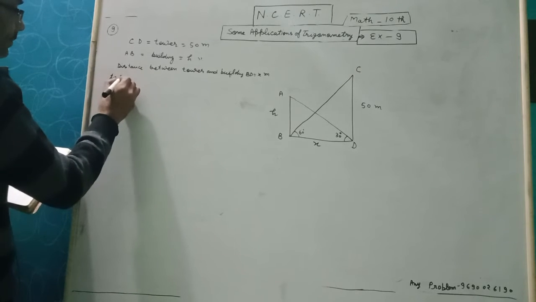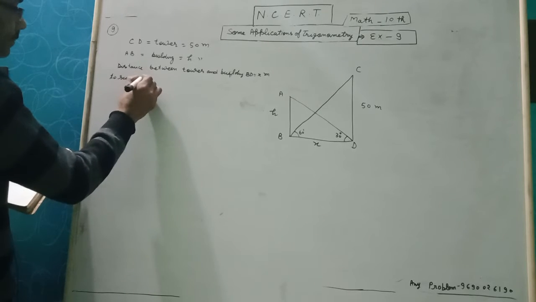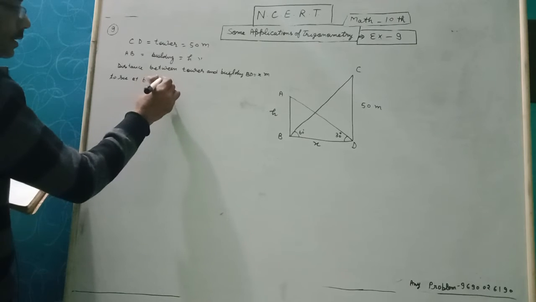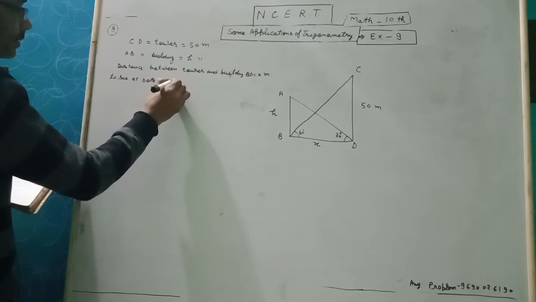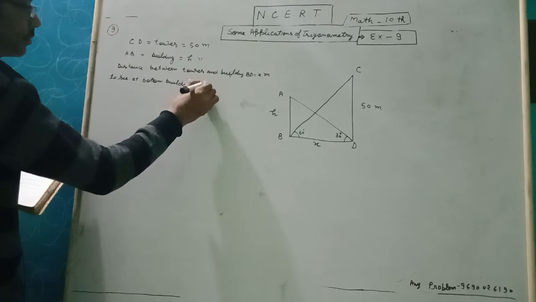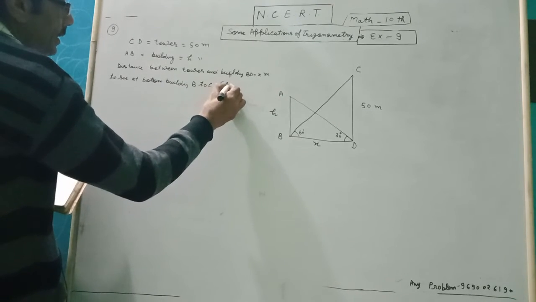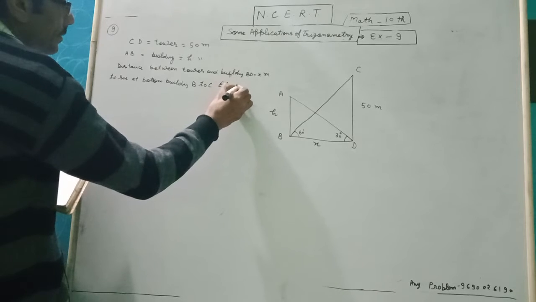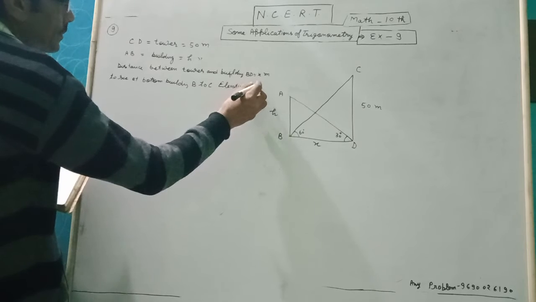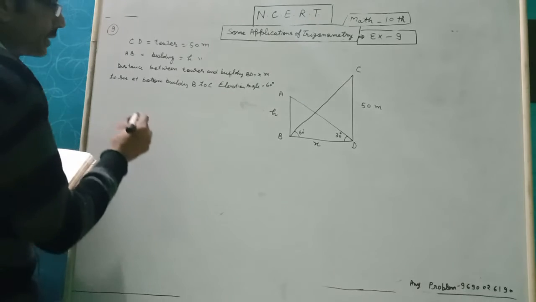To see the bottom of the building, B to C, the elevation angle is equal to 60 degrees.